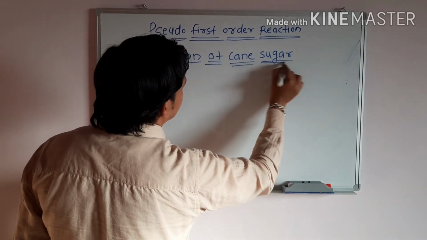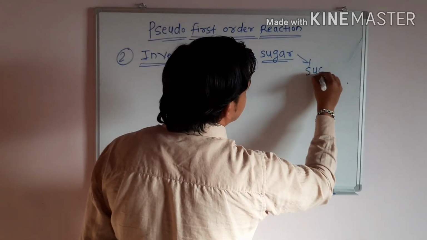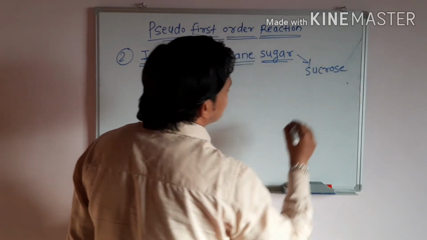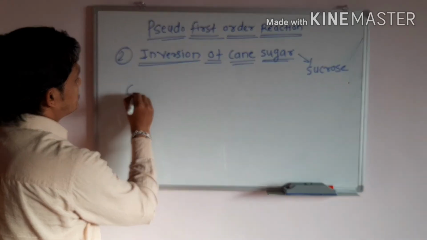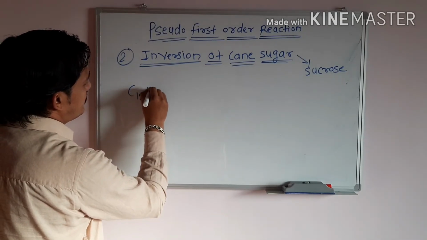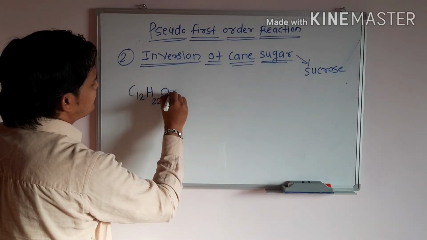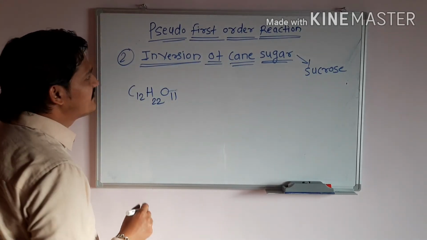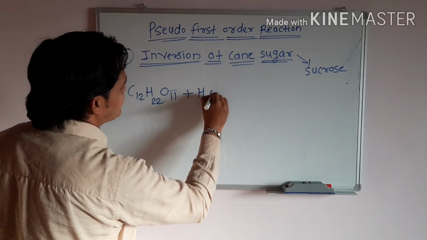So cane sugar means sucrose. You already know cane sugar means sucrose. What is the formula of sucrose? C12H22O11. Inversion, that is addition of water, is like hydrolysis.